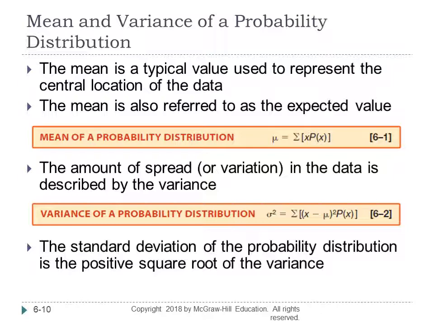You do this for every possible value for x, and add all these products. The result will give you the variance, or sigma squared. The standard deviation of the probability distribution is the positive square root of the variance. So you need to calculate the variance and then take the positive square root of it. That will give you the standard deviation for the probability distribution.